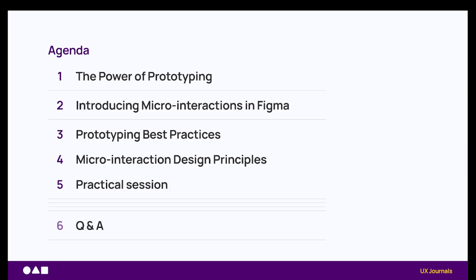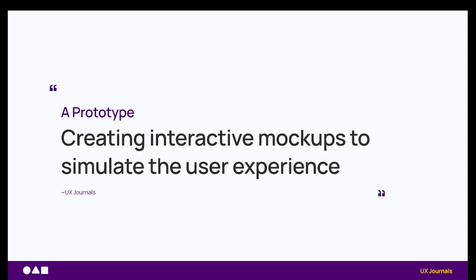We have the use of variables in making the interactions and all that. Then you'll also be looking at prototyping best practices, the principles governing it. We have micro interactions and design principles. Then we jump into a practical session where we actually have fun building interactive prototypes. So without much ado, let's move on.